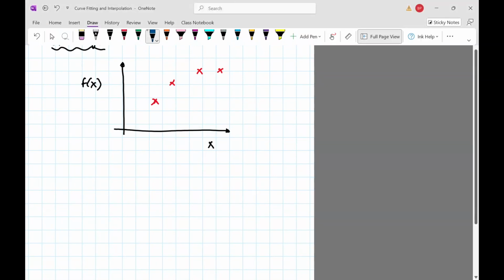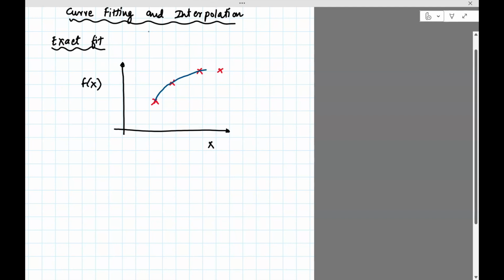So if you have 4 points, you probably want to do a quadratic or a cubic polynomial. So this curve passes through all the points.